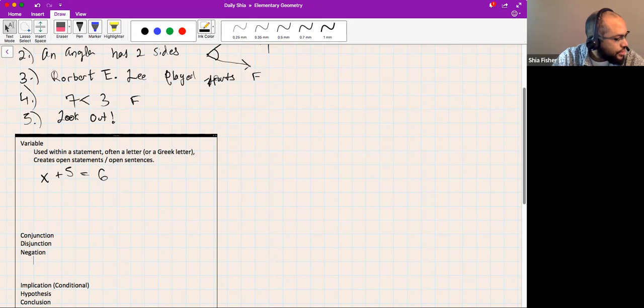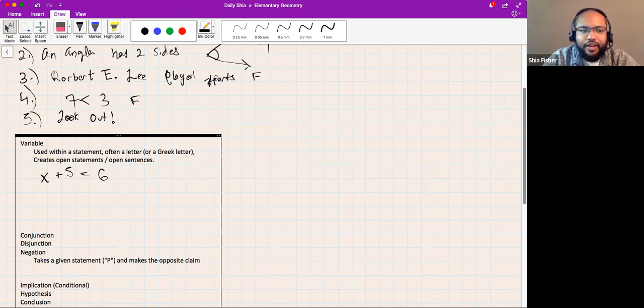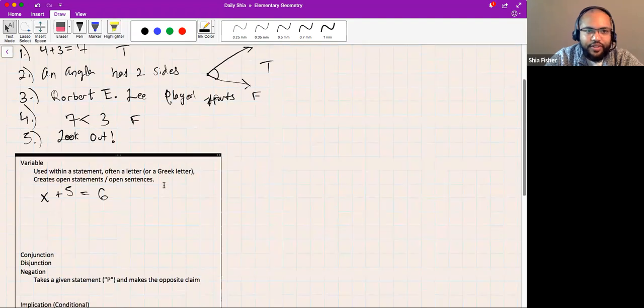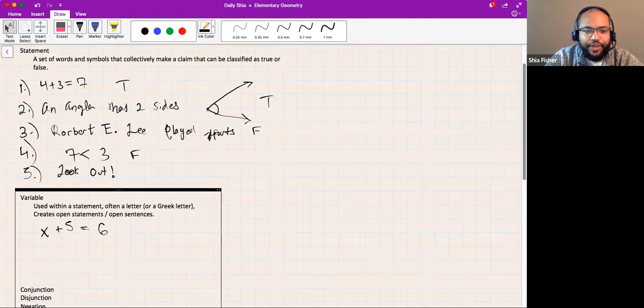A negation takes a given statement, let's call that P, and makes the opposite claim. And the reason why that's important is because let's say you have the statement 4 plus 3 equals 7.